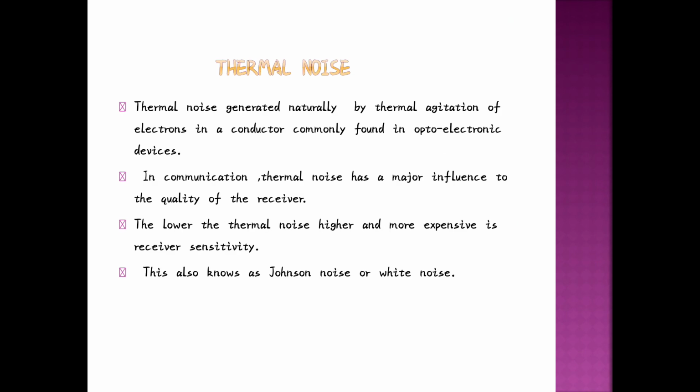Next one, internal noise. One type of internal noise is thermal noise. Thermal noise is generated naturally by the thermal agitation of electrons in conductors commonly found in opto-electronic devices. Agitation is nothing but random motion or interaction.